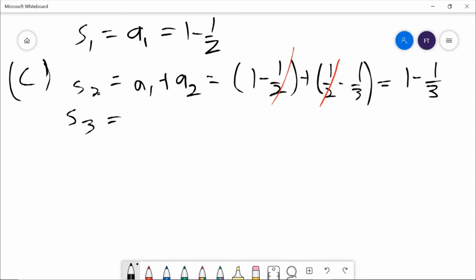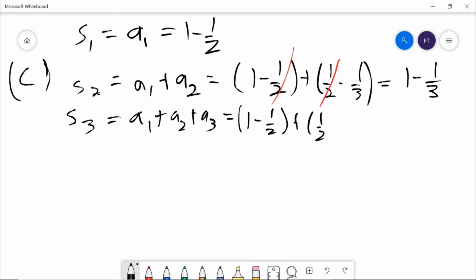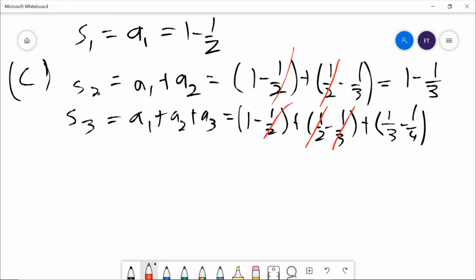For S of 3, remember, this is a1 plus a2 plus a3. Now, if we look at what these terms are, we have a1 plus a2, and a3 is 1/3 minus 1/4. Once again, the minus 1/2 and plus 1/2 cancel each other out, and then the minus 1/3 and plus 1/3 also cancel each other out.